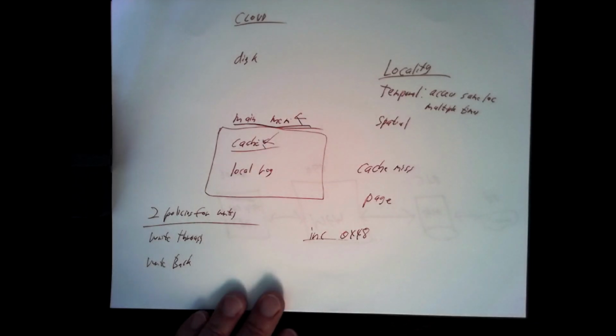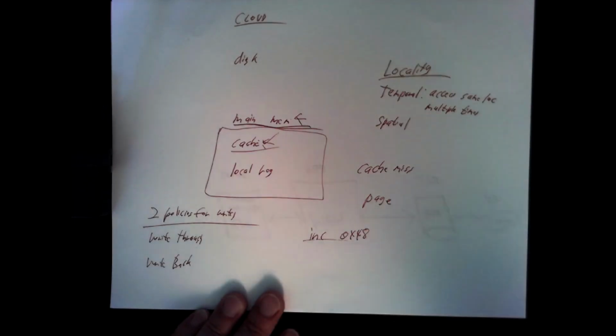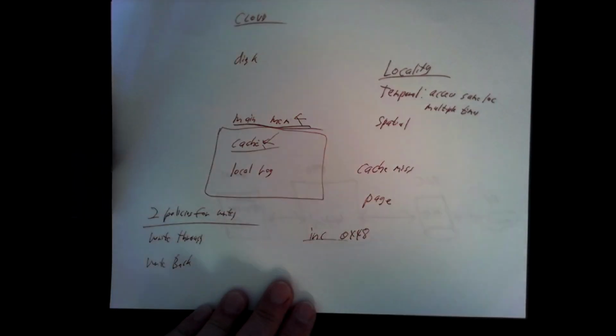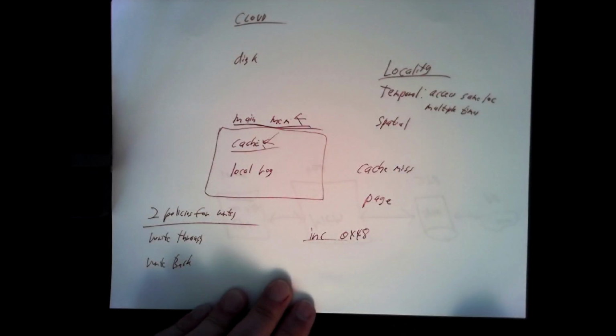Because if you look at the way programs are written, we typically update a location many, many times. For example, if I have a loop where I'm adding something to a running sum, I'm going to rewrite the value of that sum over and over and over again. I'm going to add something, it's got a value of 17. I'm going to write that, but then a few instructions later I'm going to change the value to 23.